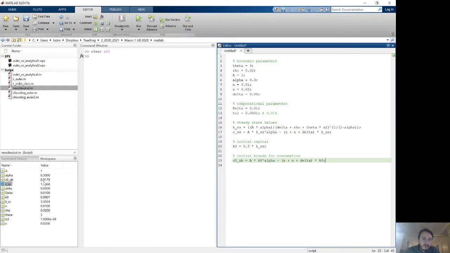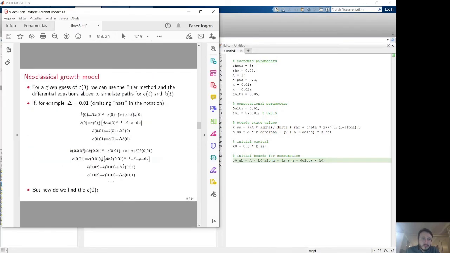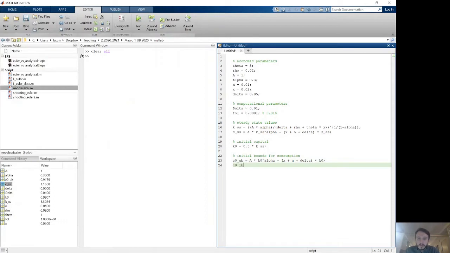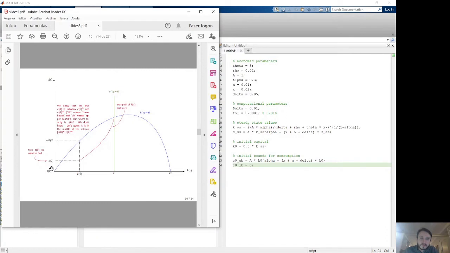So it is equal to 0.9. Just like the figure, this value is lower than the steady state value, here and here. And also the lower bound is 0, okay, which is this one here.